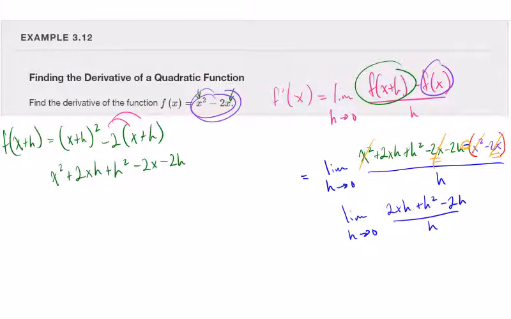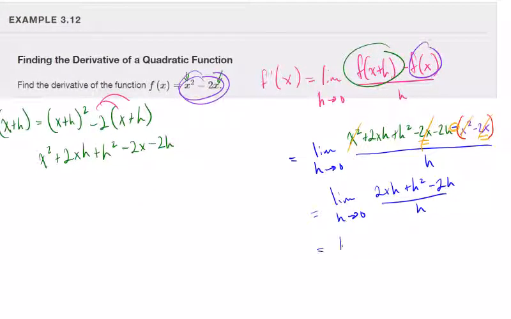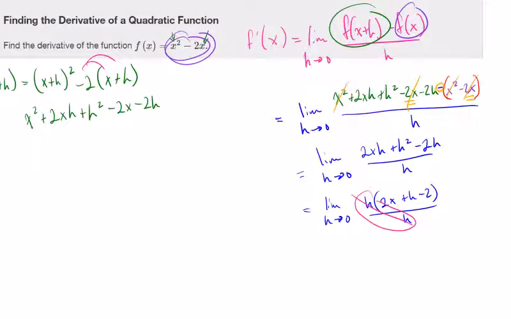Okay, so good news is they all have an h in common, so we can factor out an h. So it'll be h, the quantity of 2x plus h minus 2, all over h. And then we can cancel out these h's here, right? They go away. And so we end up with the limit as h approaches 0 of 2x plus h minus 2.